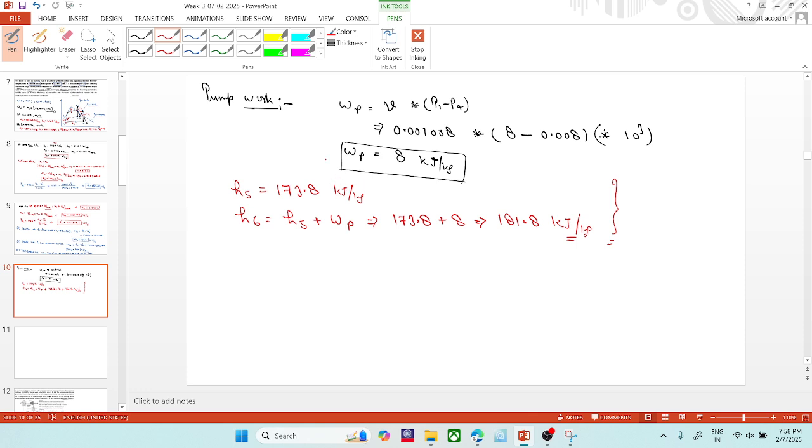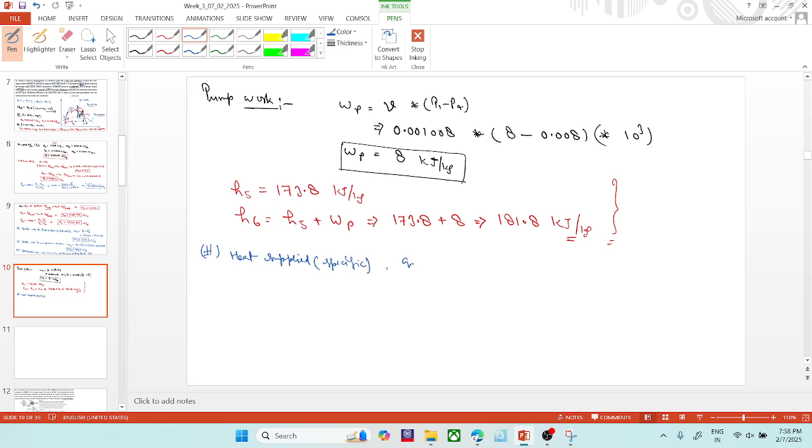So from here we got the turbine work, the pump work, and the enthalpy at all the points. Based on that, we can determine the heat supplied, the specific heat supplied basically.